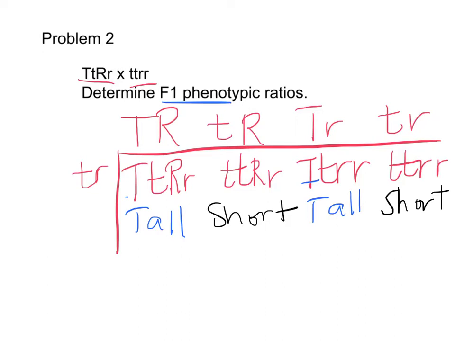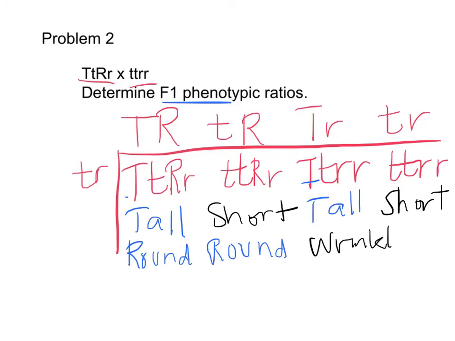Then if we look at the case of the round versus wrinkled, round is dominant, big R, so this individual is going to be round, as is this individual. These two individuals then will be wrinkled because they have two recessive alleles. So our ratio is 1 tall and round to 1 short and round to 1 tall and wrinkled to 1 short and wrinkled, or a 1 to 1 to 1 to 1 phenotypic ratio.